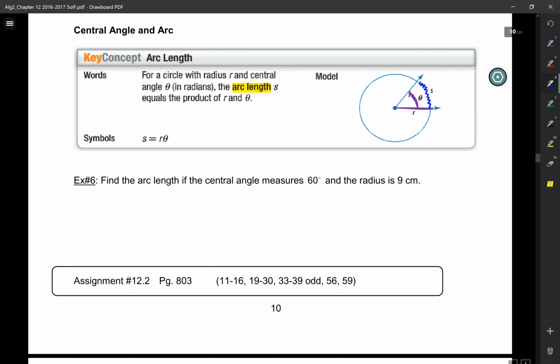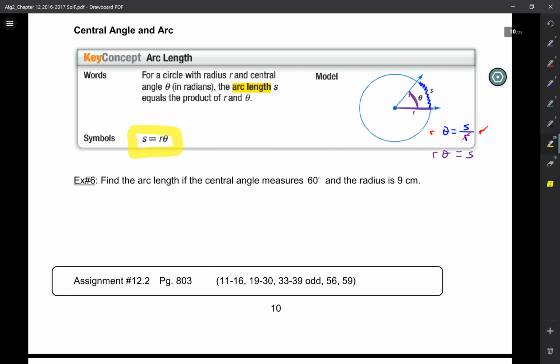We call arc length S. So if theta was the arc length over the radius, if I multiply both sides by r, what's S equal to? R times theta. So if you know the angle and the radius, you can find the arc length using the formula S equals R theta.